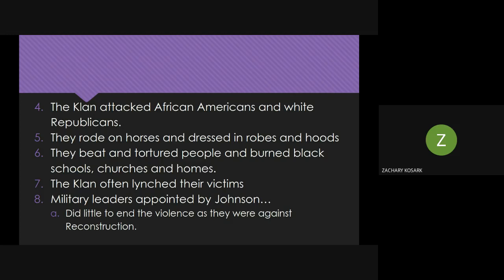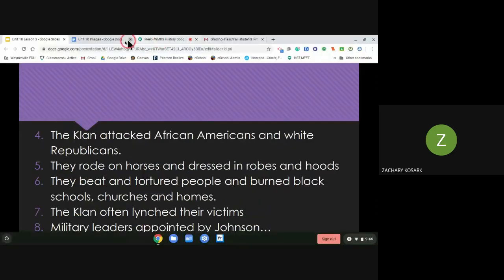Military leaders that were appointed by Andrew Johnson at the time did little to stop this, and did little to reel in the violence caused by the Ku Klux Klan. And mainly this is just because most of those people that he appointed were against Reconstruction in the first place. If you remember back to the last lesson, I did talk about how Andrew Johnson was a former slave owner, quite clearly a racist, and a lot of the people that he appoints have the same issues.